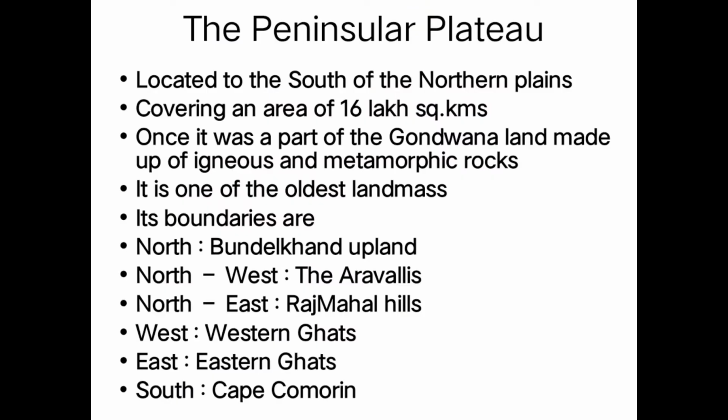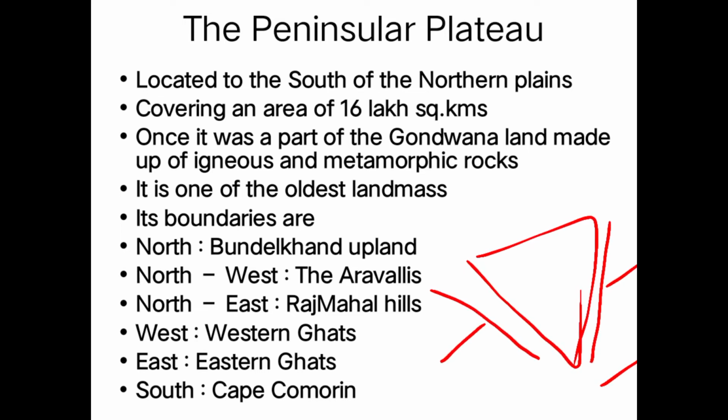The Peninsular Plateau. The Peninsula is triangular in shape, we can say. The land which is bounded by water on three sides: Arabian Sea, Bay of Bengal, Indian Ocean. And the range between the two Ghats, Western Ghats and Eastern Ghats, is the Peninsular Plateau.